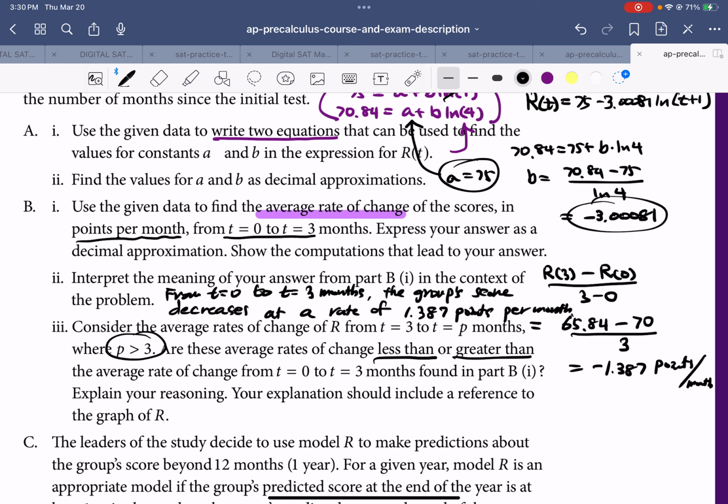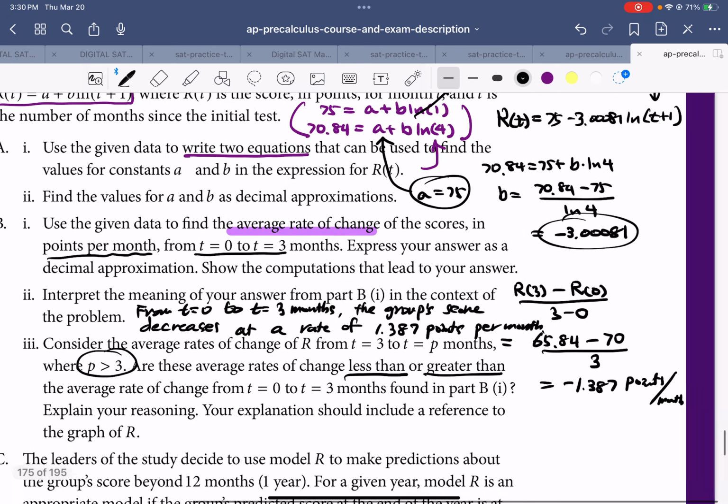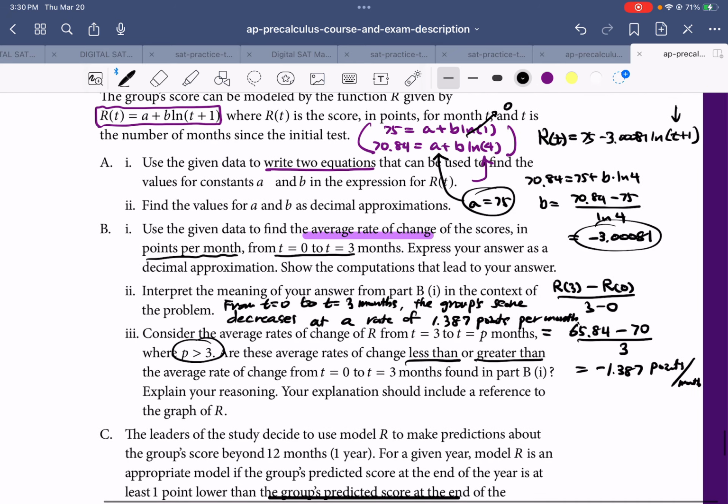Explain your reasoning, and your explanation should refer to the graph of R. Remember this graph of R? It looks like a negative ln. The graph of ln looks like this, but the negative ln graph goes the other way. So it starts from like 75 and then goes down.